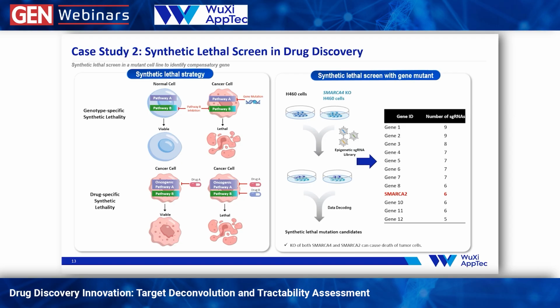On the right part, it shows one of our examples of synthetic lethal screenings. In these screenings, we performed in vitro screenings using an epigenetic focused sgRNA library. After screening, we identified 12 different enriched genes, and one of them was SMARCA2, which has been reported as a synthetic lethal pair to our oncogene SMARCA4.